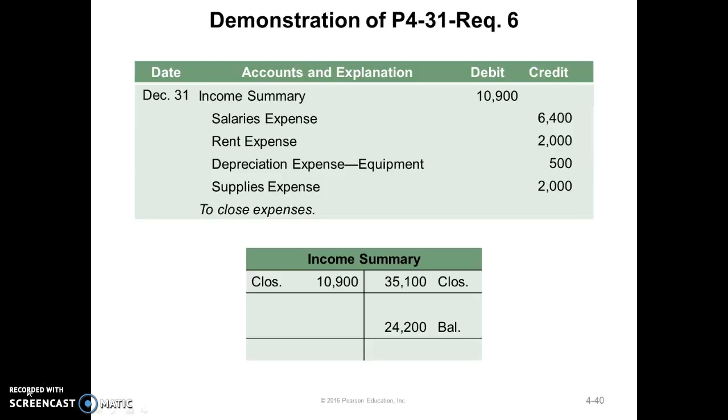If you add up the salaries expense, the rent expense, the depreciation expense, and the supplies expense, it all equals 10,900. Those expenses were all closing out. We know previously they were all debits because expenses are debits, right? So to close it out, zero it out, we have to credit it, and then we debit income summary. So here, if we look at just the T account for income summary, we have the 35,100, that's the revenue, and the expenses of 10,900. We have a balance of 24,200.